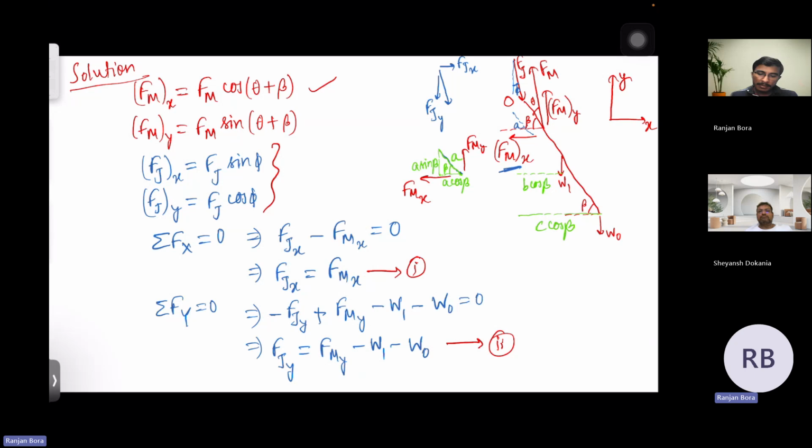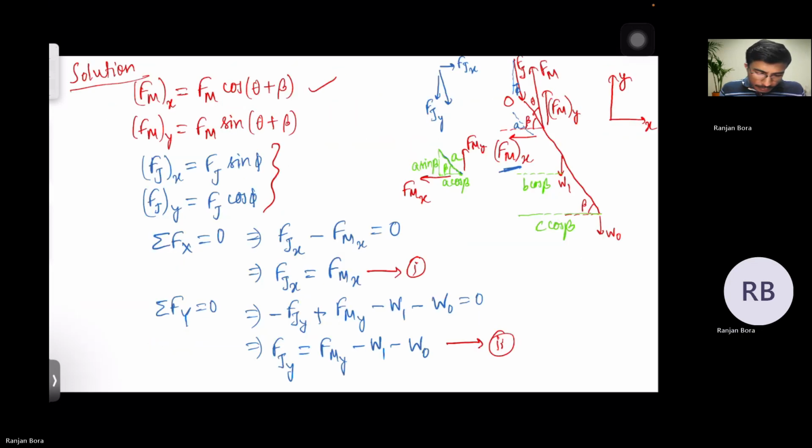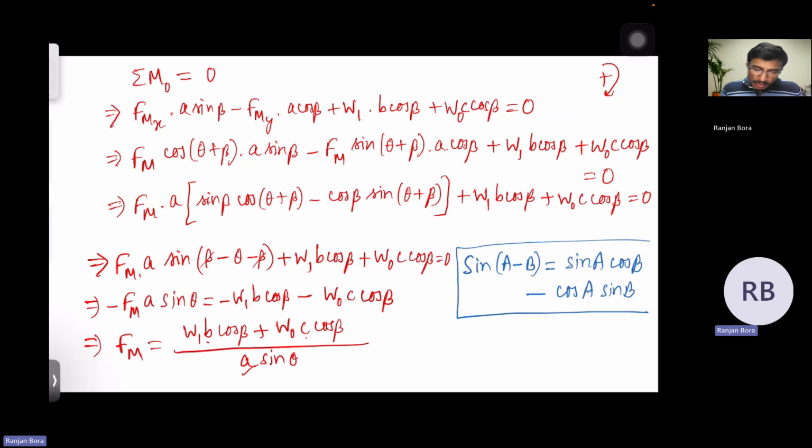Using equation 1, Fjx will be Fmx, and substituting Fm, that is Fm cos(theta plus beta).